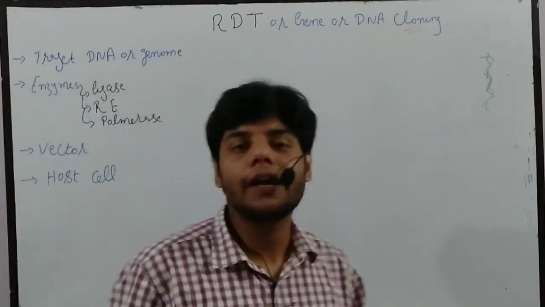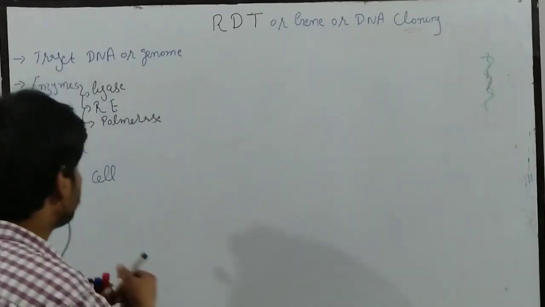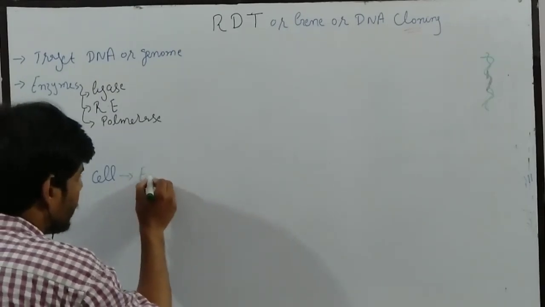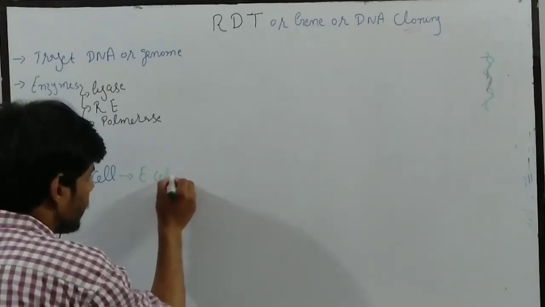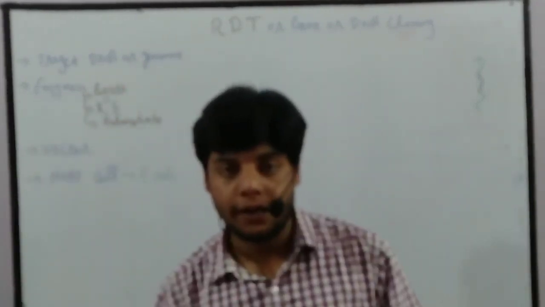Usually in recombinant DNA technology we need a bacterial cell, and usually we take E. coli. So those are the materials, the substances, the molecules that we need in recombinant DNA technology.